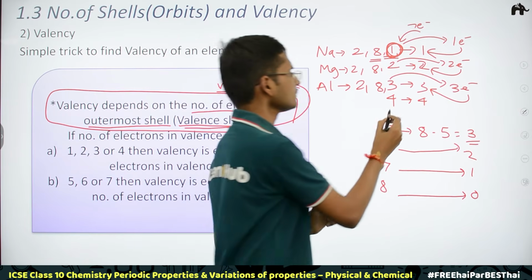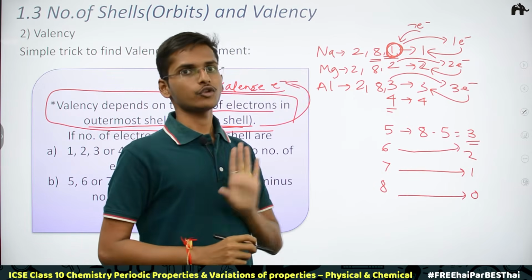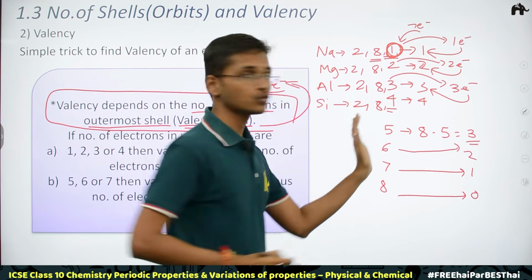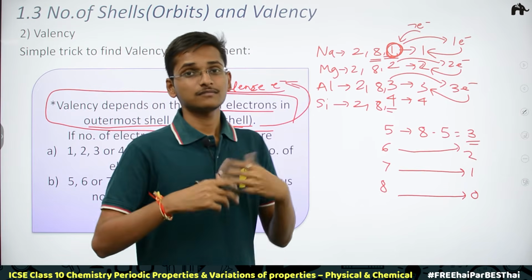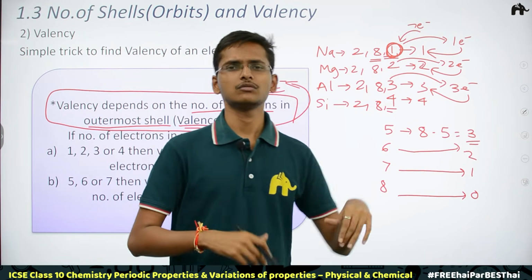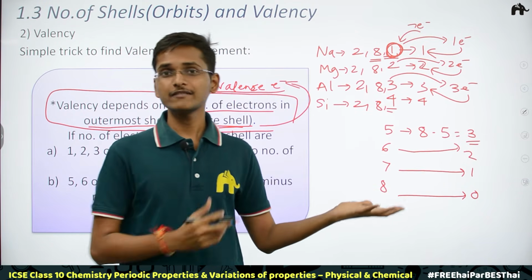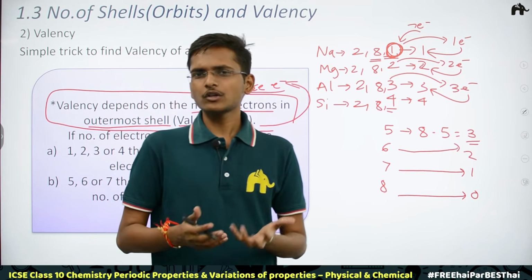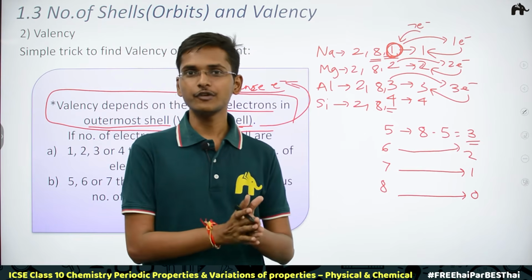Now comes the case in which the valence shell has 4 electrons, and the example is silicon, 2, 8, 4. In this case, silicon feels that giving up 4 electrons as well as accepting 4 electrons is the same to me, so why not choose a simple way?